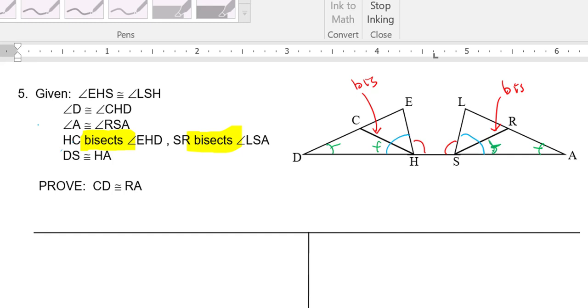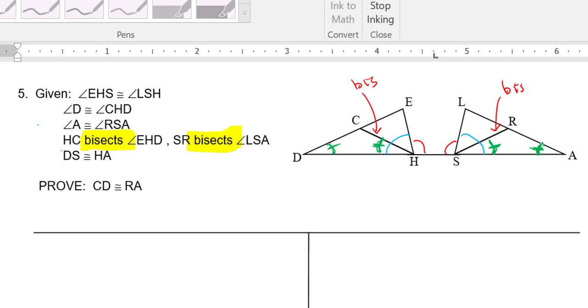Now I know that this angle and this angle have to be congruent to each other. We had just mentioned that those angles are congruent by division property, right? We're going from bigger angles congruent to smaller angles congruent, so it's division property. And so therefore all these green angles are going to end up being congruent to each other by transitive property.